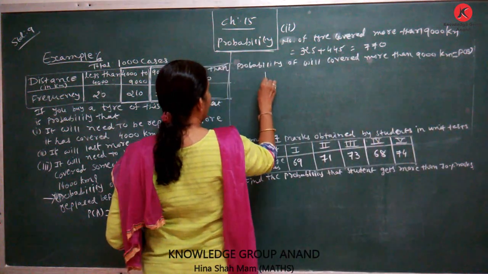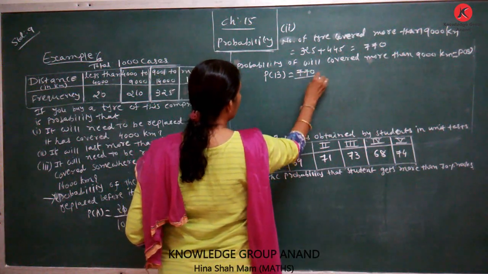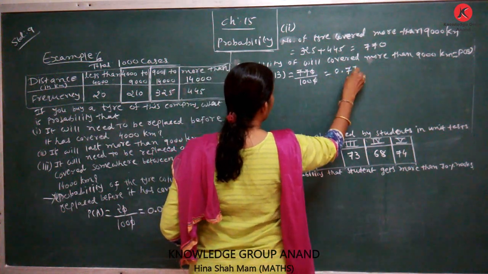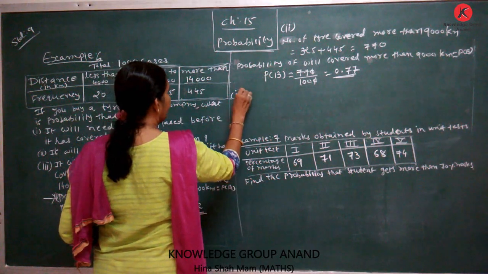Then PB is equals to 770 upon 1000 is equals to 0.77. Number 3.